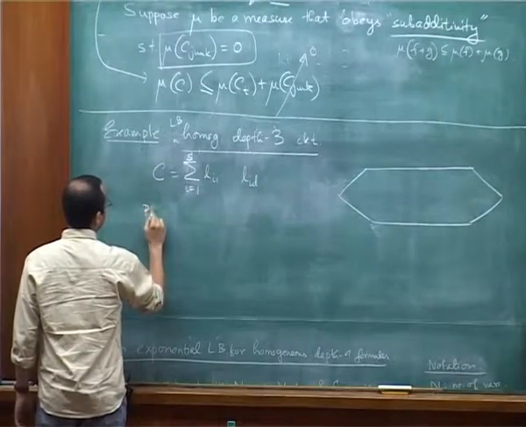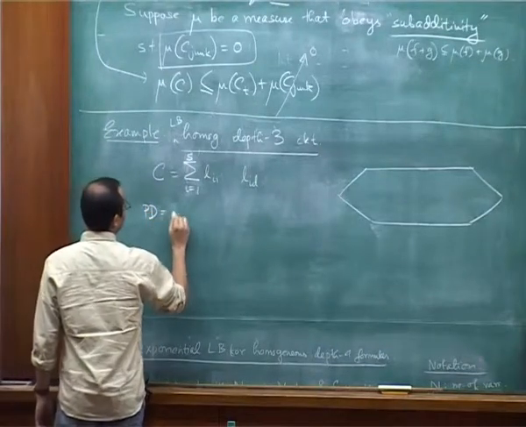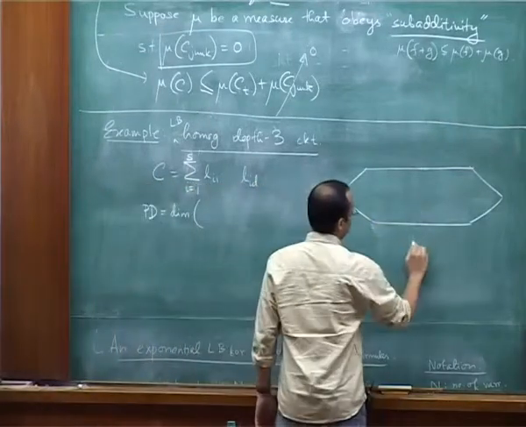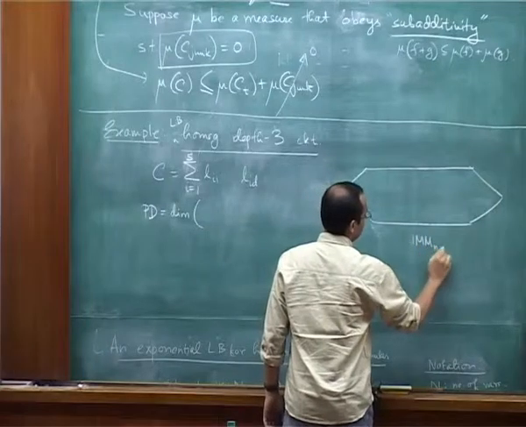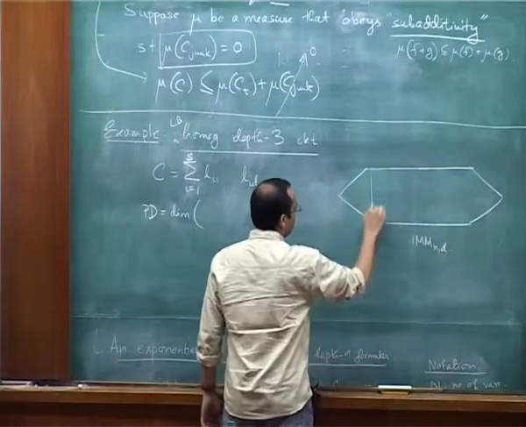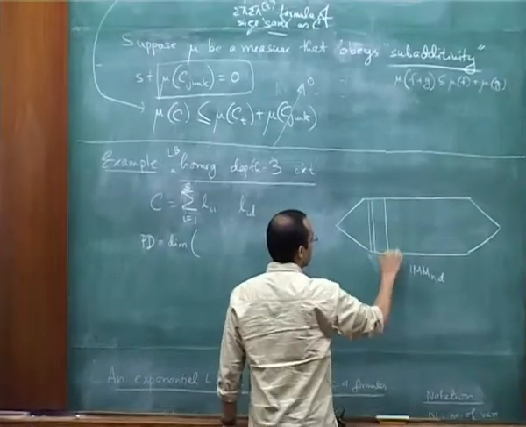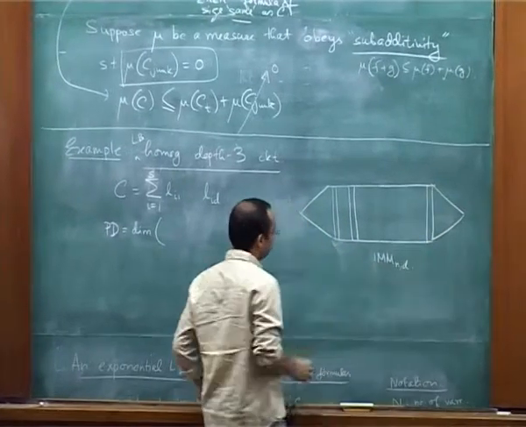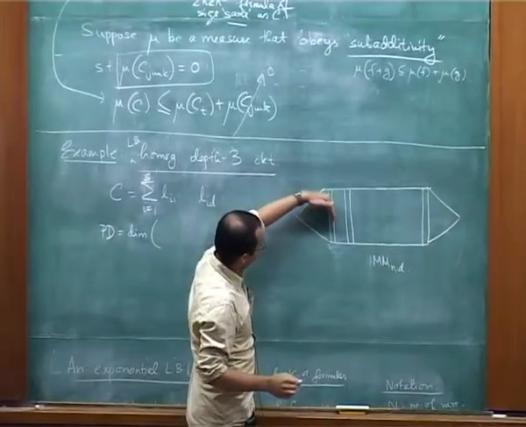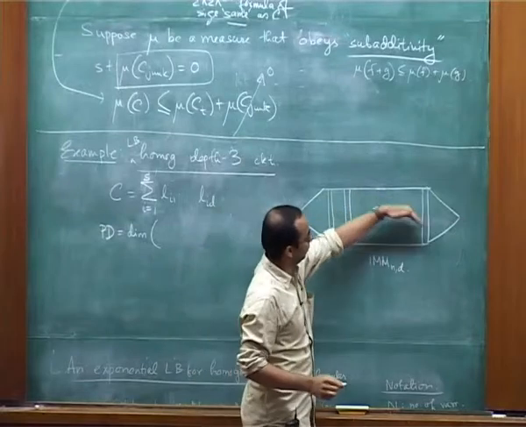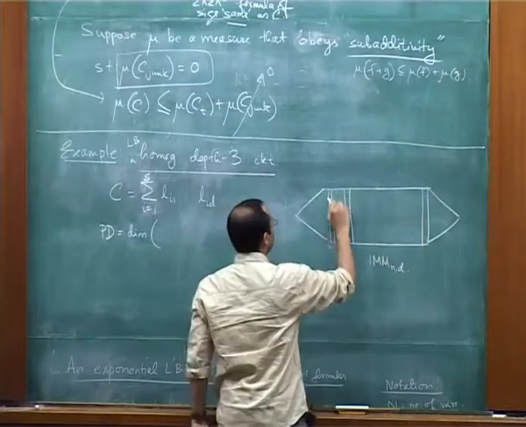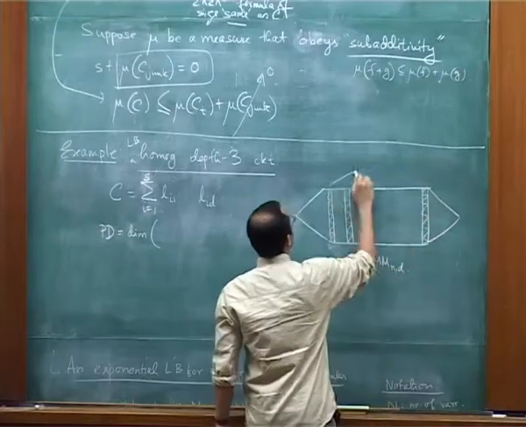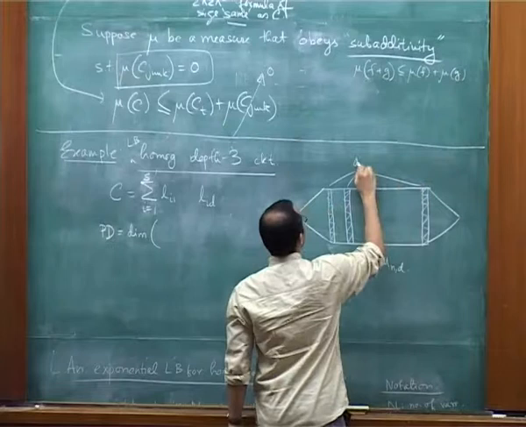I define a partial derivative measure like this. It's the dimension of the span of derivatives. I have this target polynomial in mind, which is the iterated matrix multiplication, and you look at alternate layers of matrices, d by 2 of them. You're only going to take derivatives by picking one variable from here, one variable from here, one variable from here, like d by 2. So these are the shaded regions with respect to which I'm taking derivatives, d by 2 of them.